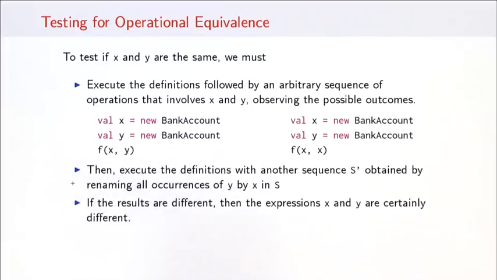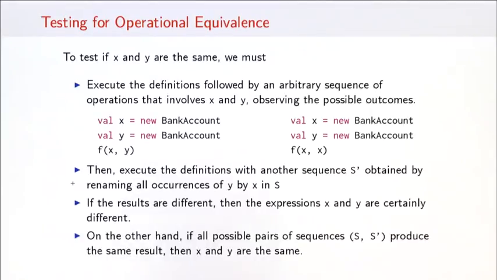If you can observe a difference from that sequence to that sequence, then the expressions x and y are clearly different, because it makes a difference whether you access one or the other. That's the meaning of being different. On the other hand, if every possible experiment, every possible pair of sequences produces the same result, then we say that x and y are the same, because there's no way you could distinguish them.